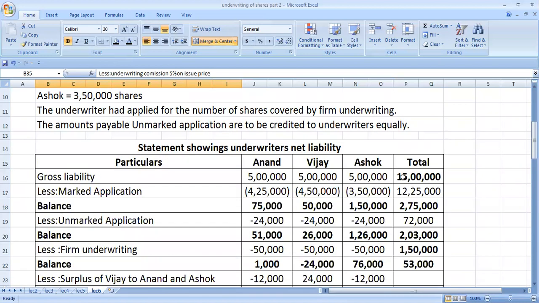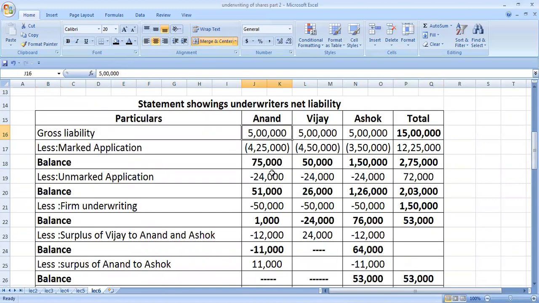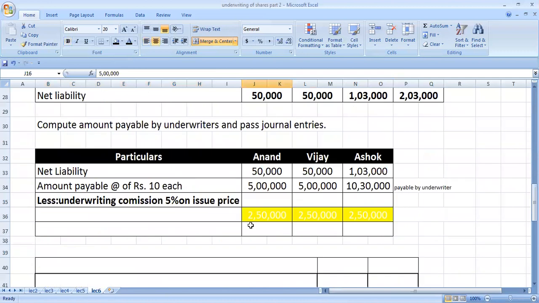So out of this 15 lakh, 5 lakh underwritten by Anand, Vijay 5 lakh and Ashok 5 lakh. तो यहाँ पे हमें वो लेने पड़ेंगे, the amount, 5 lakh. So we will have to calculate the commission on the issue price.